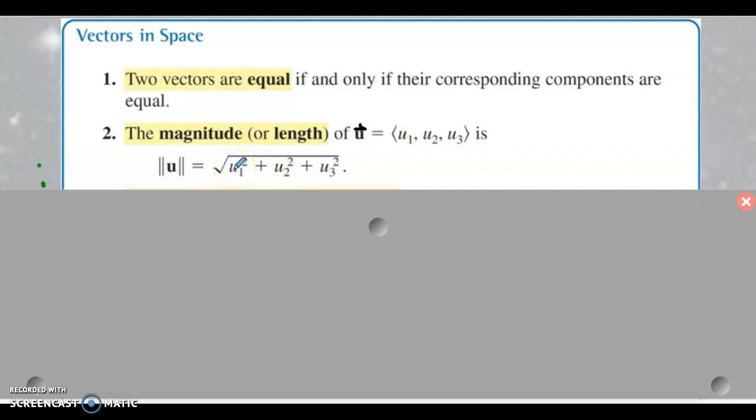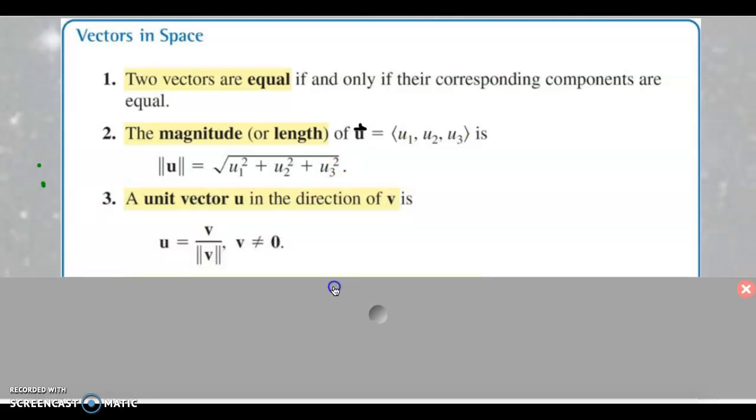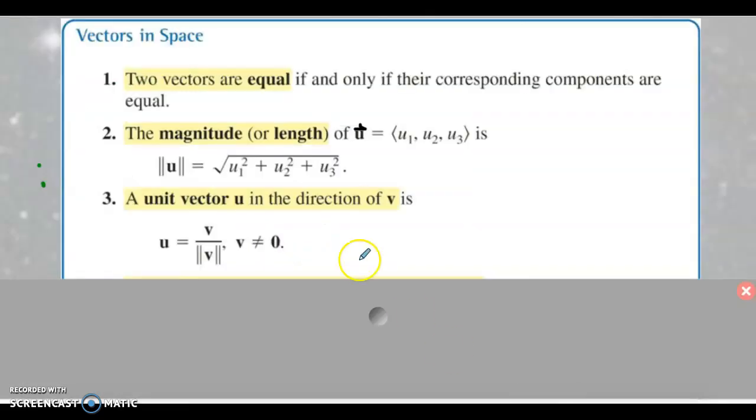And this would be the difference of the x's squared, the difference of the y's squared, and the difference of the z's squared. Terminal minus initial. Then we've got our unit vectors, and we can actually find the length of a unit vector. So thinking back to our 3D vector that we have, I can find the unit vector itself that's representing all of these by taking the actual vector and dividing it by the magnitude.